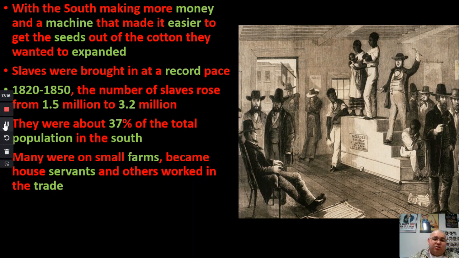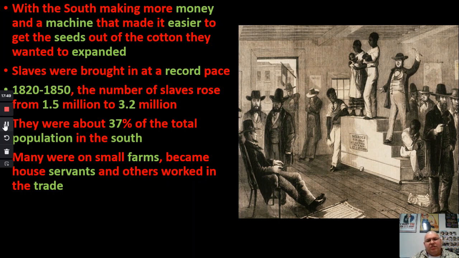They bring it up to 3.2 million slaves in the United States, particularly the South. And just to give you an idea, compared to the total population, the slaves accounted for 37% of the total population in the South. So basically, a little over 1 in 3 people were slaves. That's a lot of people.